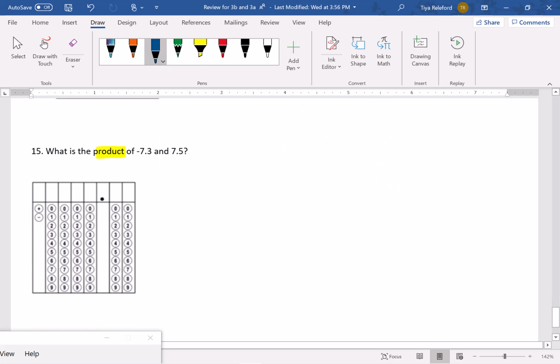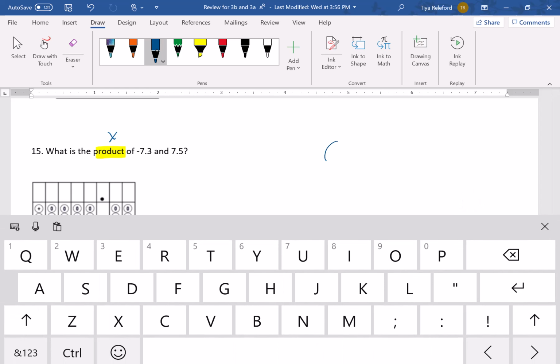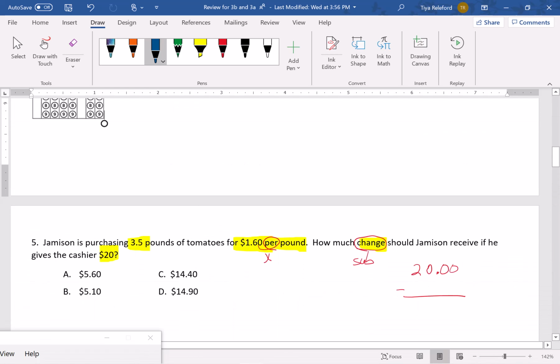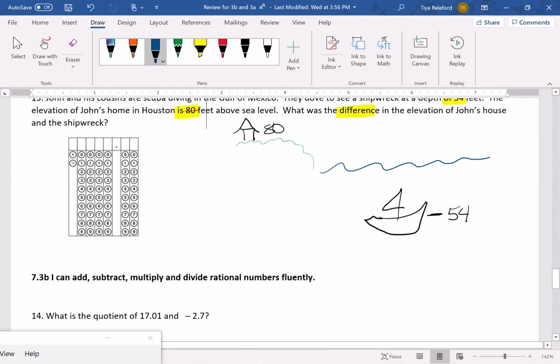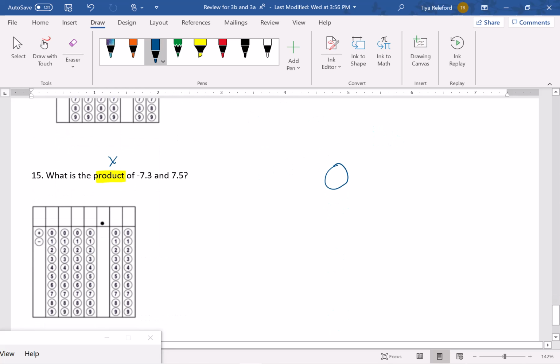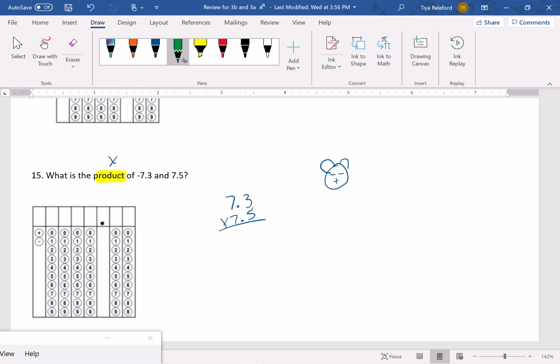Product means you are multiplying. And that is also... remember, be very careful. At the end, you should have 2 numbers behind the decimal.